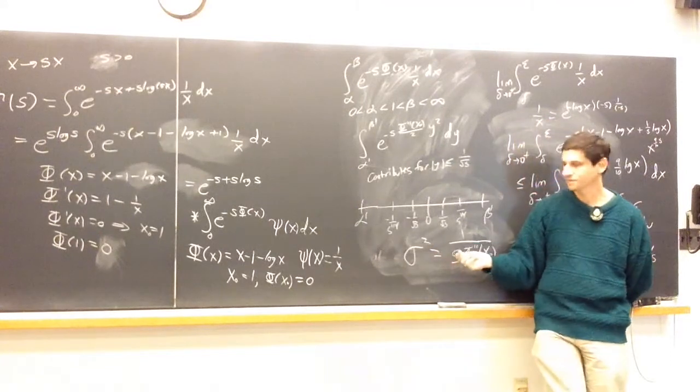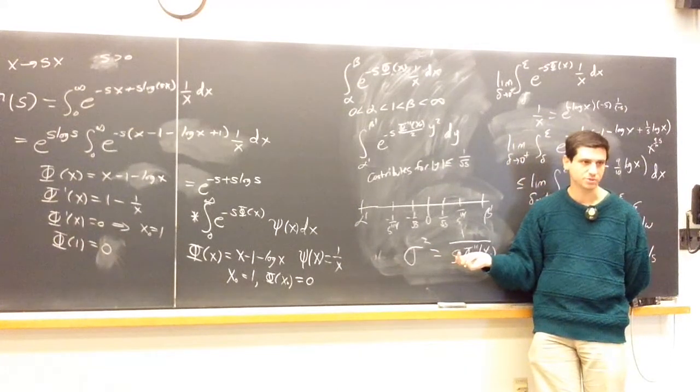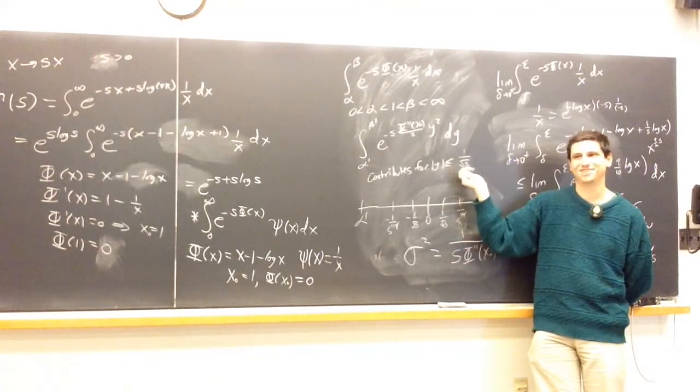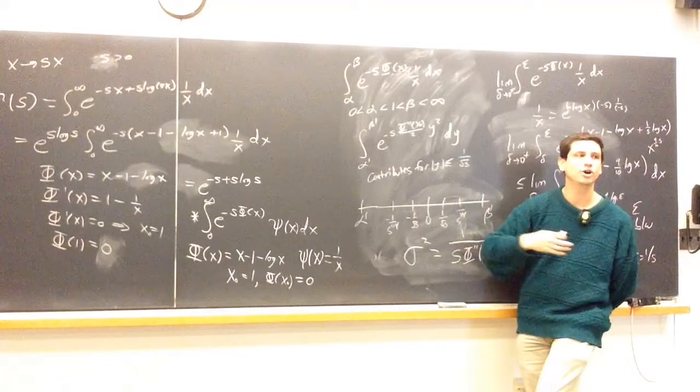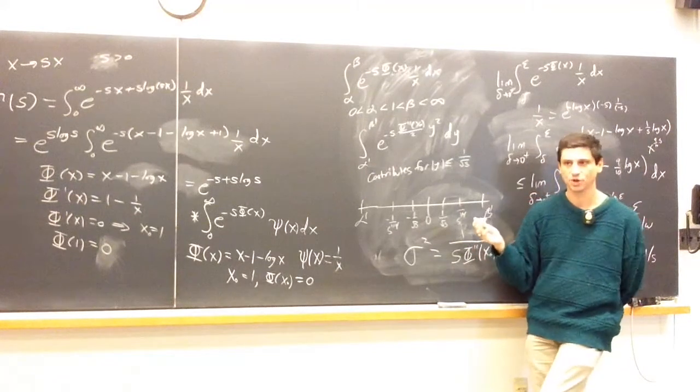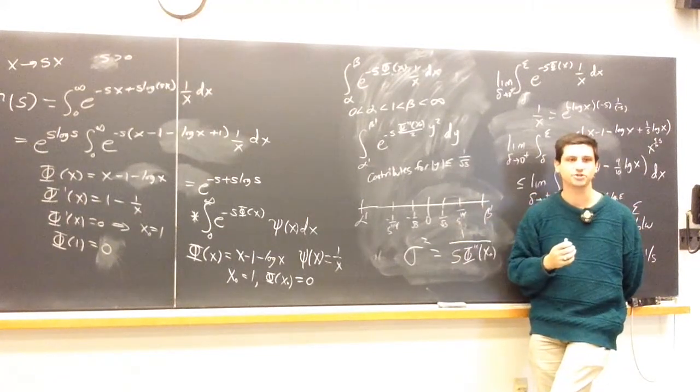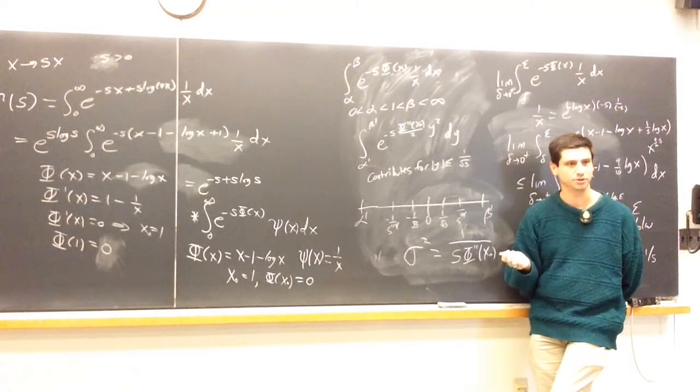So the variance is 1 over s approximately, up to some constant. The standard deviation is 1 over square root of s. That's exactly what we're getting here. We're moving on the order of the standard deviation. When you start moving multiple standard deviations away, the contribution becomes negligible.